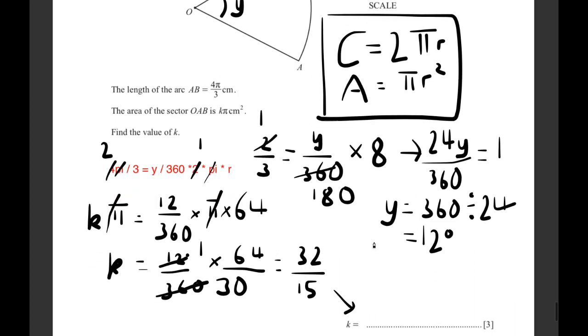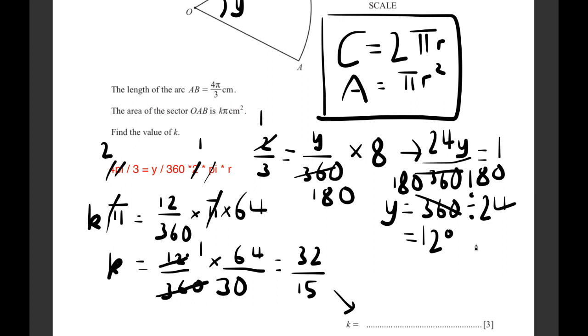That's the problem. So what we've done here, this is still 180. So this is 180 here. So this is also 180. And then 24 times what gives me 180? 24 times 5 is 120.